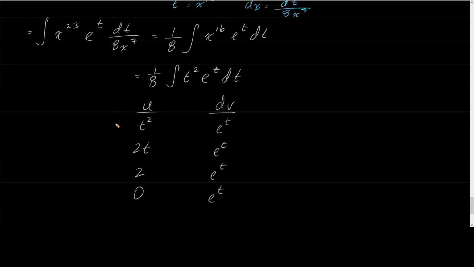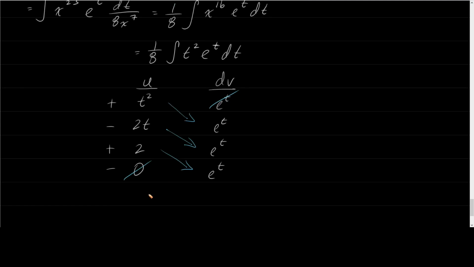Next thing I'm going to do is alternate plus or minus. Ignore the first dv and the last u, and then multiply diagonally. So what we're going to have now, and don't forget our 1/8 on the outside over here, is 1/8 times t squared times e to the t, minus 2t times e to the t, plus 2e to the t, and all of that plus c.